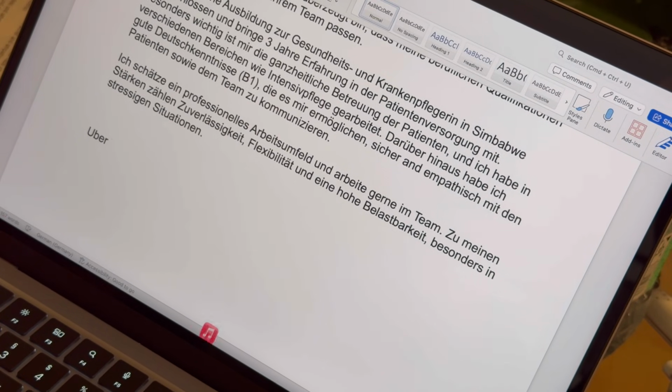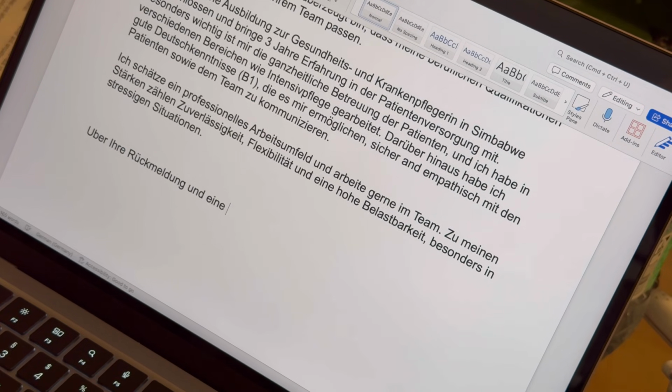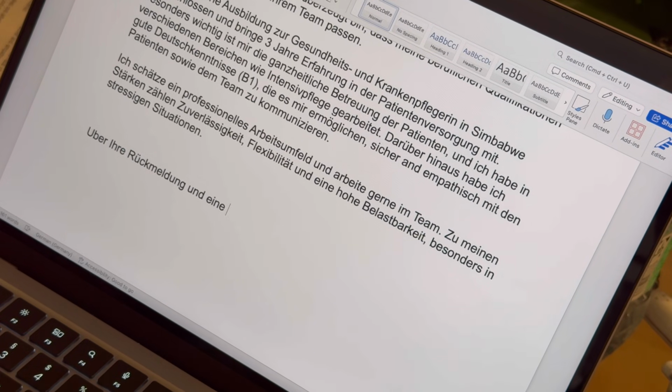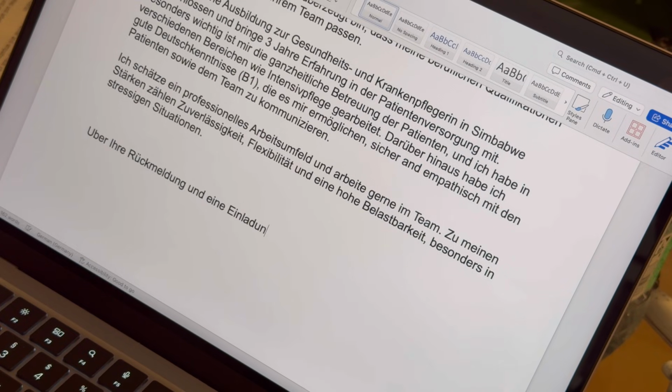And then the closing part, the conclusion, you have to end it in a polite way, like express your enthusiasm for the opportunity and your desire for an interview. Because this is our main aim, that you get to be invited for an interview.